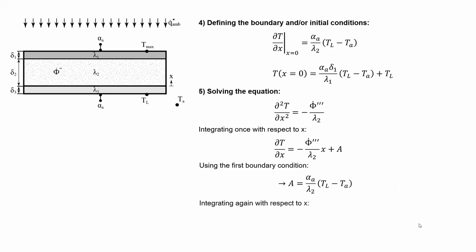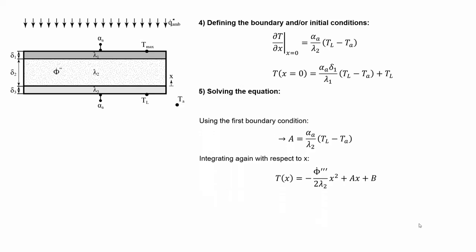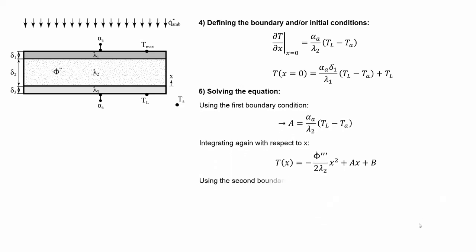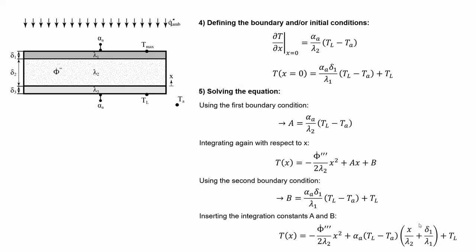Then we can integrate once more and use the second boundary condition to find constant b. Again, all terms with 0 cancel out, which yields the following expression for constant b. And if we substitute the found expressions for constants a and b and do some further rewriting, we will find the temperature profile of the reactive layer as a function of x.